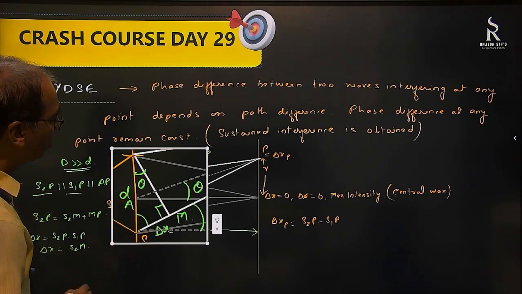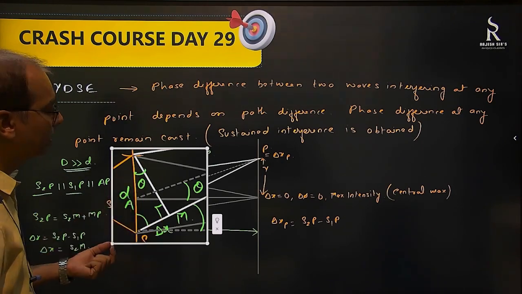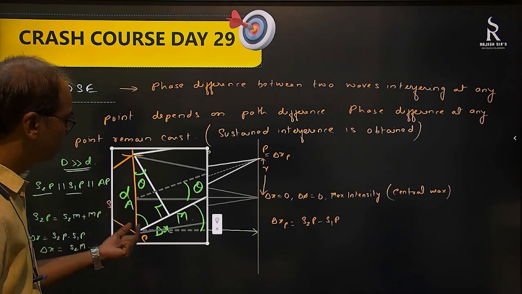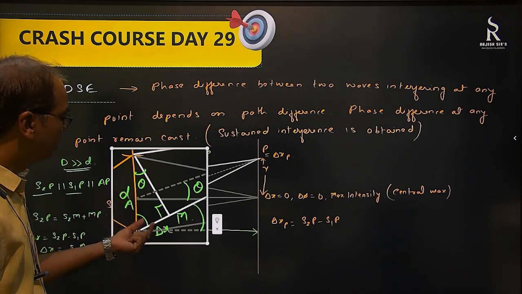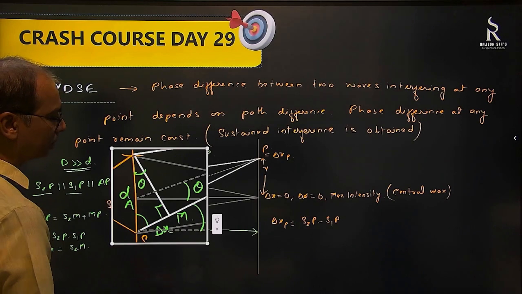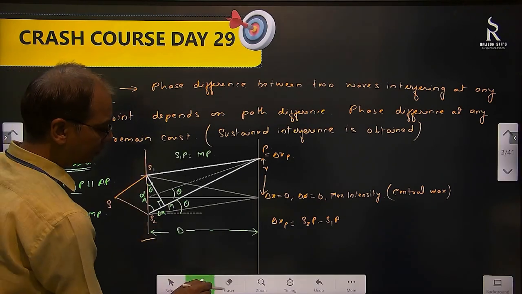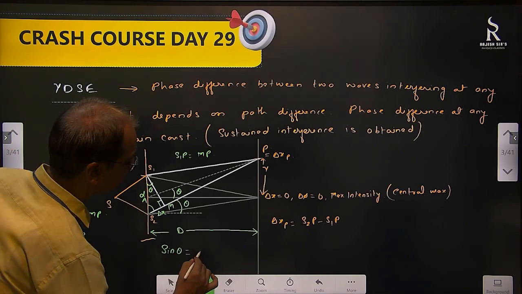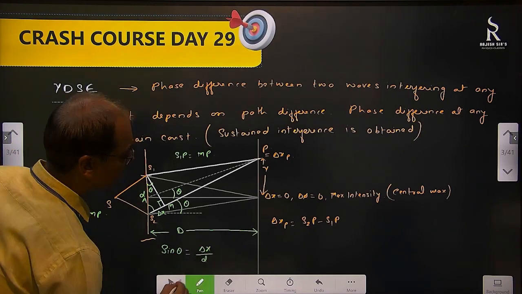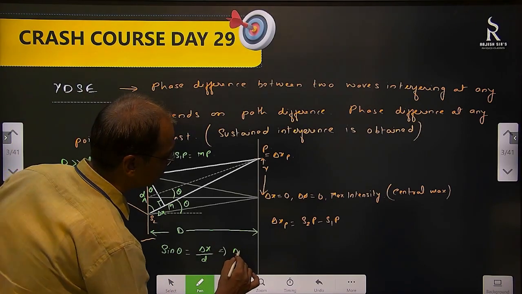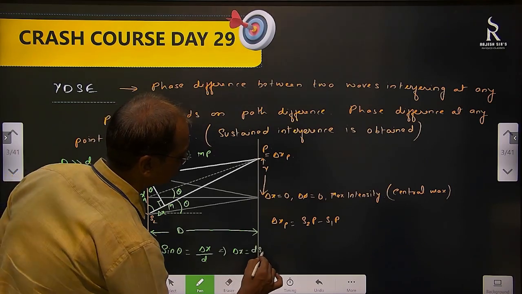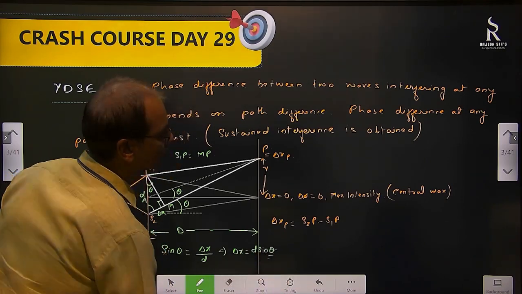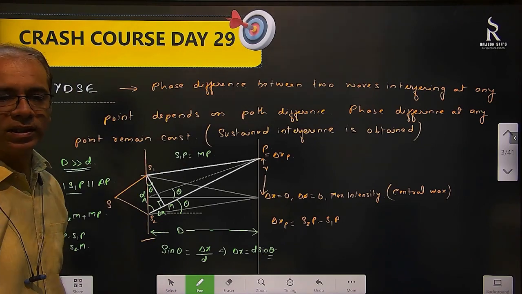I can write sine theta equal to delta x by d, because this is the hypotenuse and this is the opposite. So delta x is d sine theta. We got delta x is d sine theta.